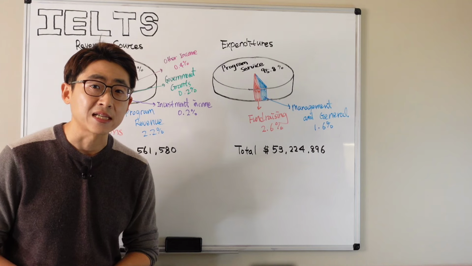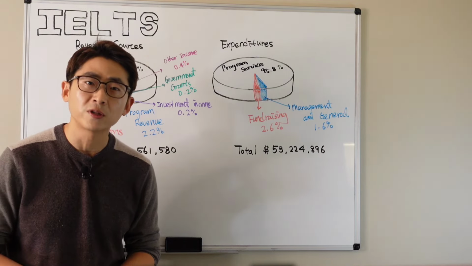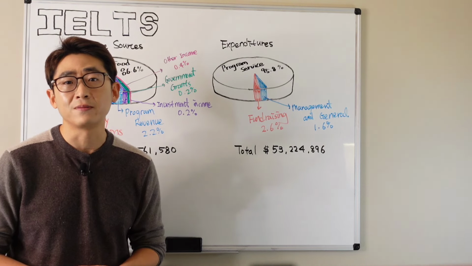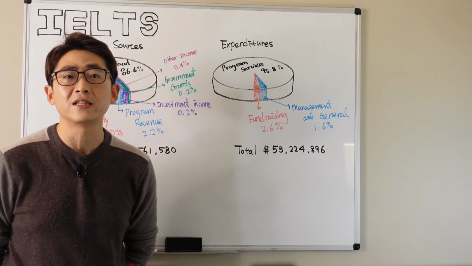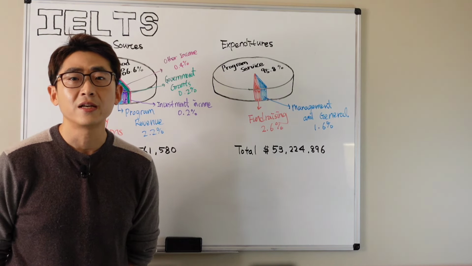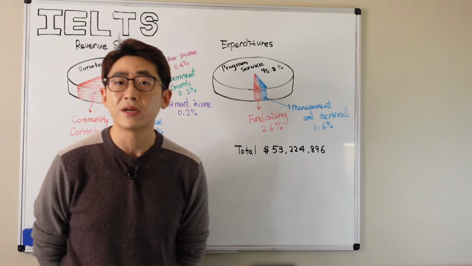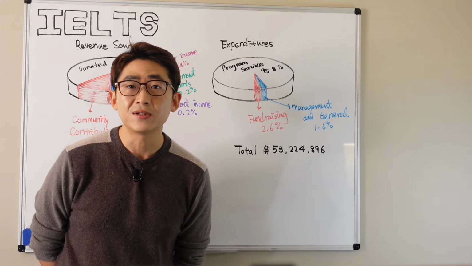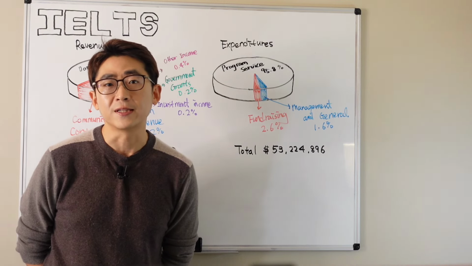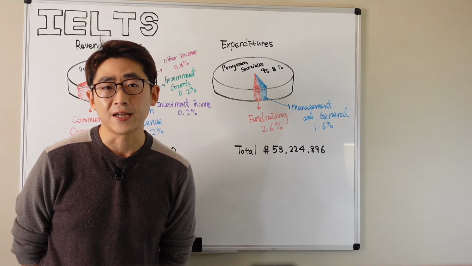And in this task, the examiner tests your ability to select and report the main features of the given graphs. Therefore, it is crucial for you to identify the important information and messages from the given information to describe and compare the data. Okay, and now we are going to look at an IELTS Writing Task 1 question and analyze it together and write the whole essay.